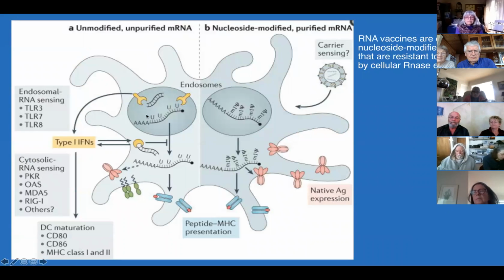So let's pretend this is a dendritic cell, and the vaccine, the nanoparticle that's got the RNA in it, fuses with the cell membrane and is taken up. The dendritic cells will migrate to the lymph nodes.